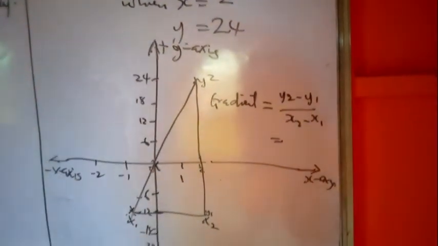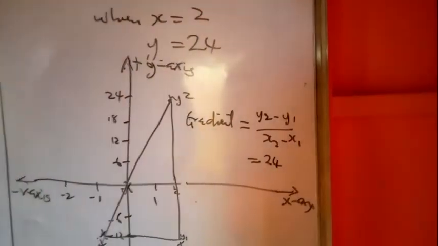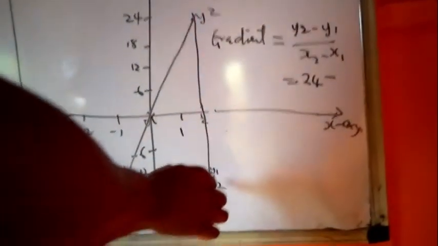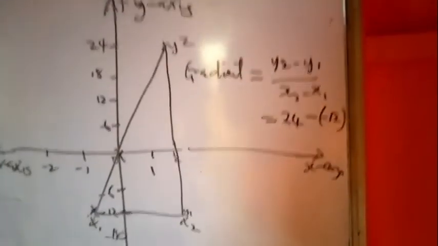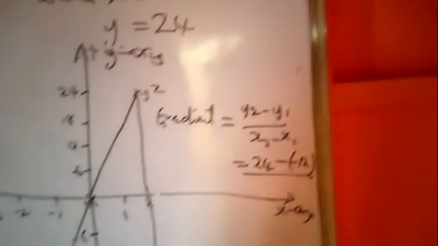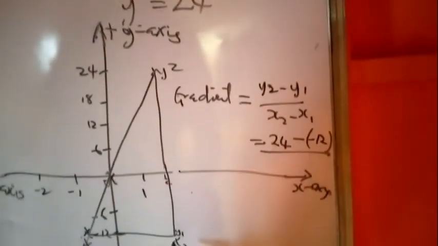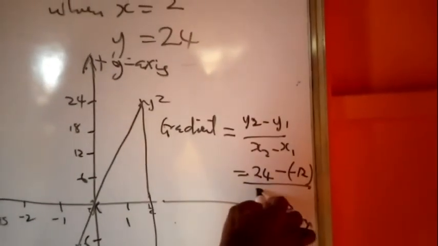Our y2 is 24 minus y1, which is minus 12, all over x2, which is 2, minus x1, which is minus 1.